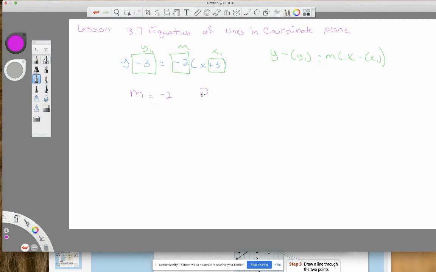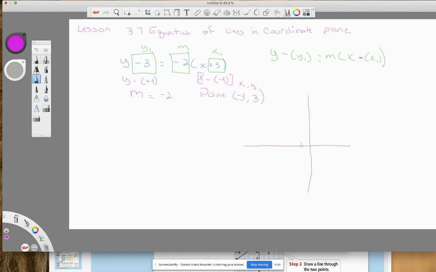And then we have some point, which is an x1, comma y1. So remember, this is technically y minus positive 3. So y1 is going to be positive 3. Here, this can be rewritten as x minus negative 3. Because remember, my equation is minus, so I have to rewrite that. So x1 is negative 3. Now that I have those, I can go graph.